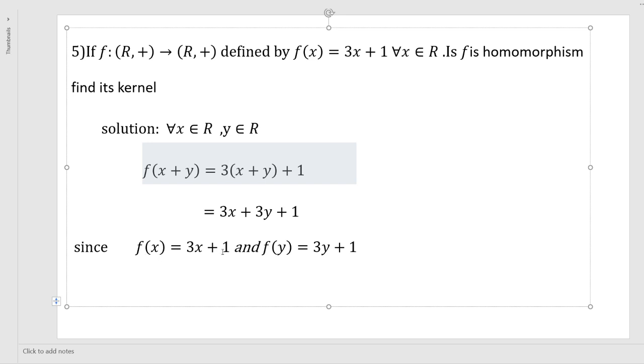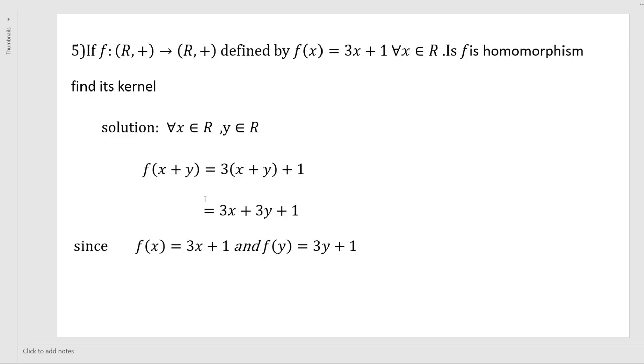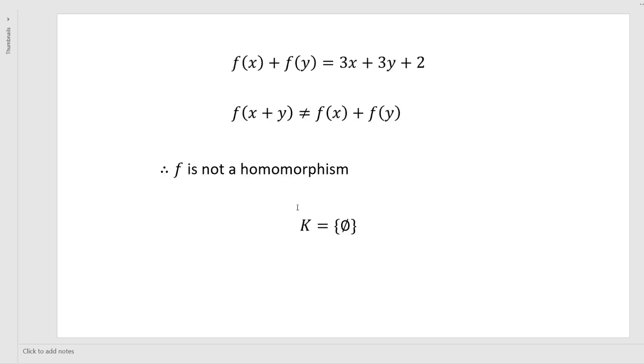Here, since f(x) is 3x + 1 and f(y) is equal to 3y + 1, right? f(x) is 3x + 1. f(y) means 3y + 1. Then by adding these two, f(x) + f(y), what we have? 3x + 3y + 1 + 1, 2. 3x + 3y + 2. But look here, f(x + y) is 3x + 3y + 1.